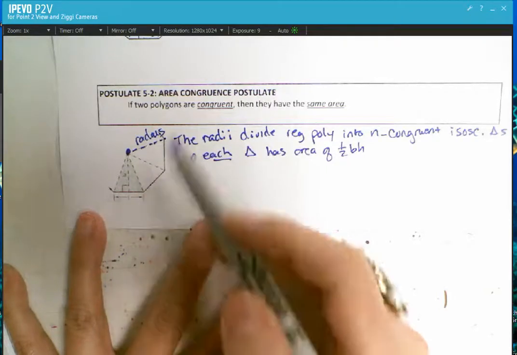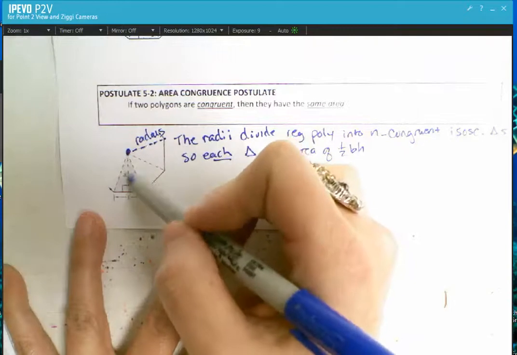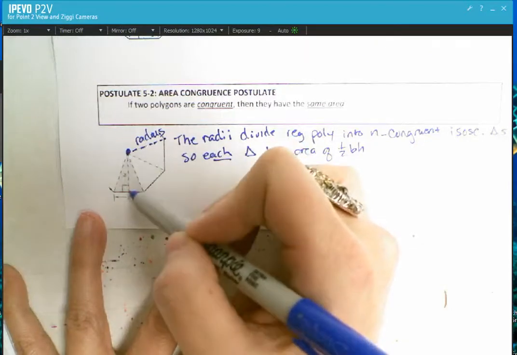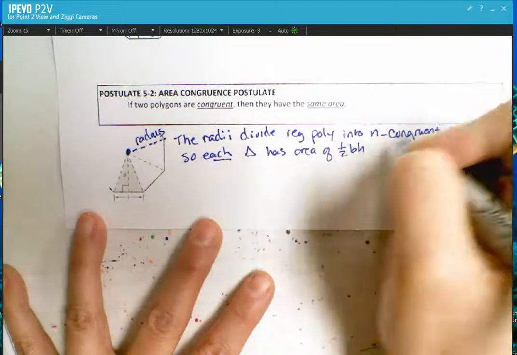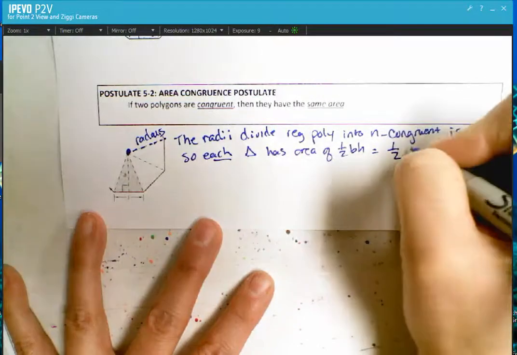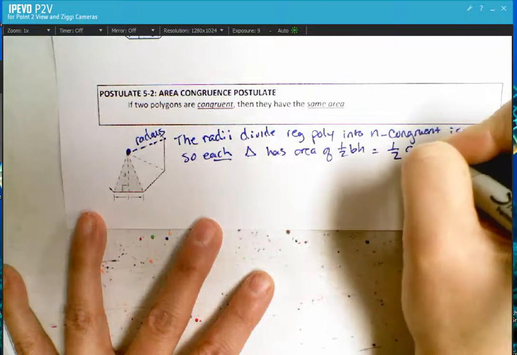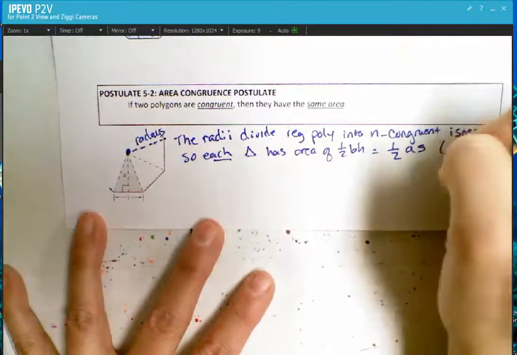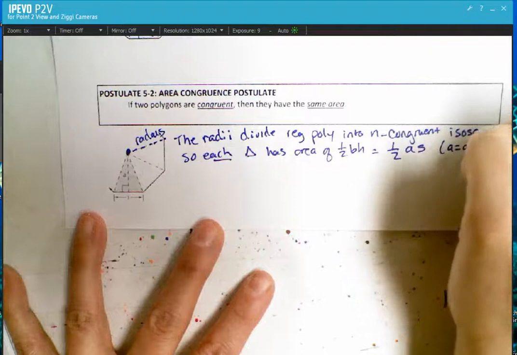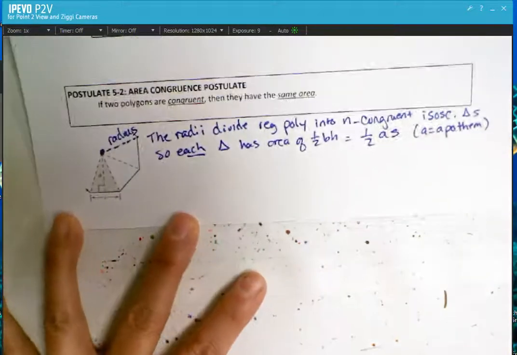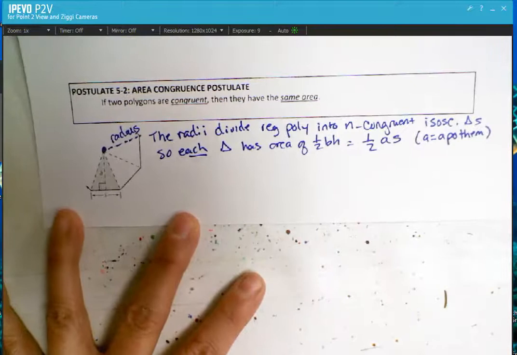And we know our height is the perpendicular piece, and that happens to be our apothem. So we can rewrite the area formula as 1/2 apothem times the side. Just as a reminder, a equals apothem. That's our new word. That's the perpendicular distance from the center to the side.